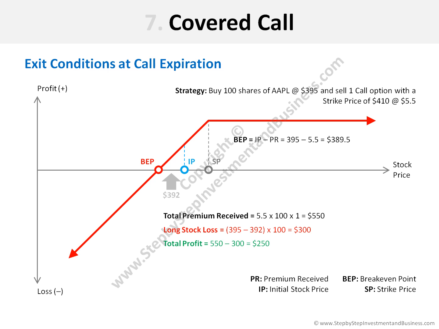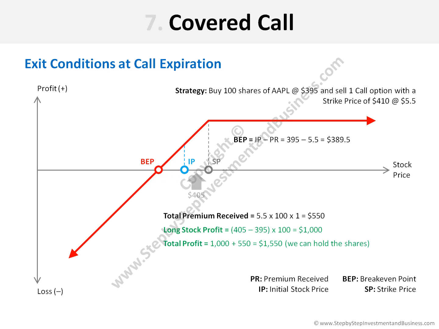On the other hand, as the price of $392 is lower than the initial price, again, we will be losing for holding the shares, in this case, $300. However, despite this loss, as we received a total premium of $550, finally, we will be making $250. Of course, as the stock price is higher than the break-even point, we are in a profitable situation.